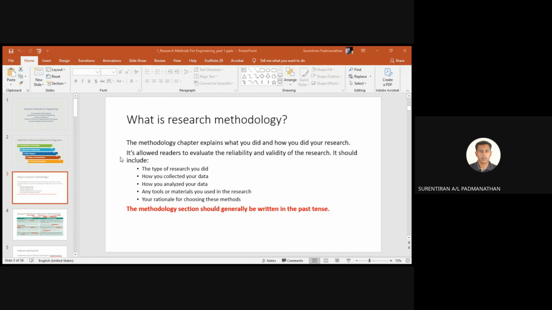So where does the problem come from? It's coming from your research gap. So where do you get the research gaps? From the literature. So the flow of any research project will start from literature.